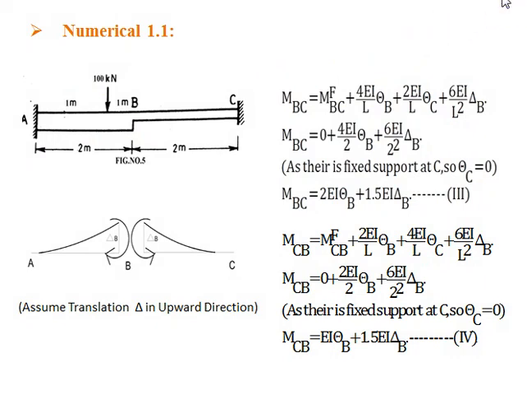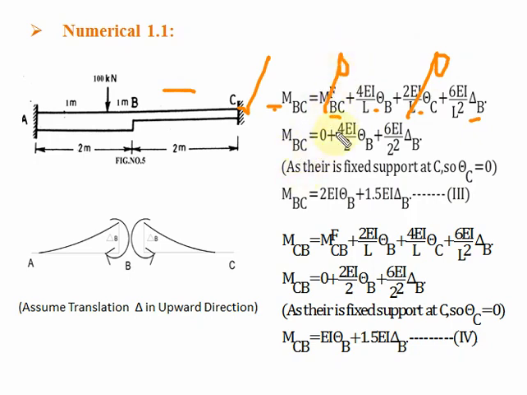Now consider next span BC. So MBC is equal to MFBC plus 4 EI by L into theta B plus 2 EI by L into theta C plus 6 EI by L square into delta B. Now here again C is a fixed support, so theta C will be 0. Now MFBC will be 0, no load.